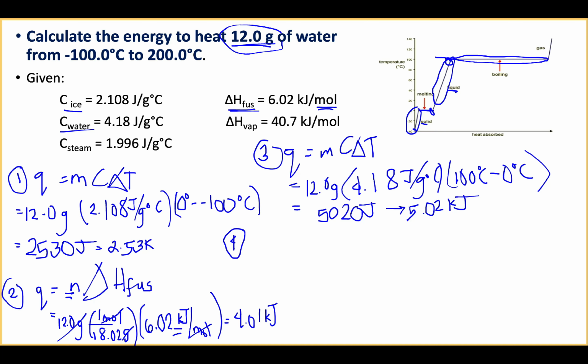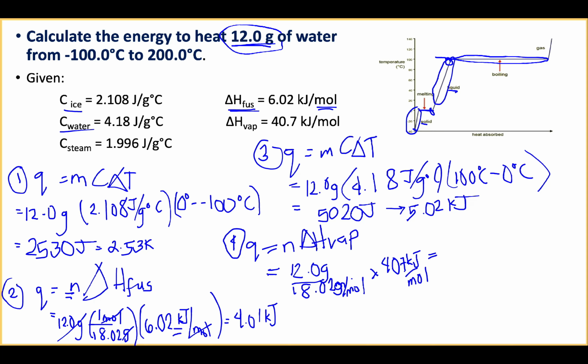Flat segment, Q is equal to n times the heat of vaporization. Okay, it's the boiling area. So just the same as step number 2, convert, I shortcut it. This will give us 27.1 kilojoules.